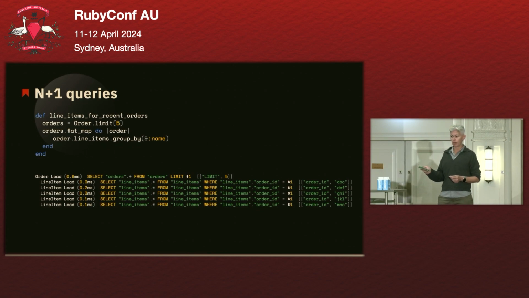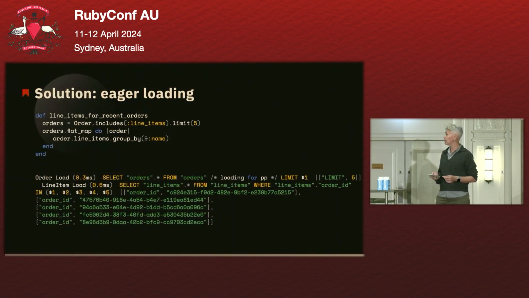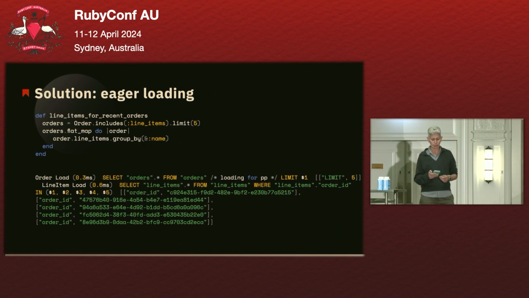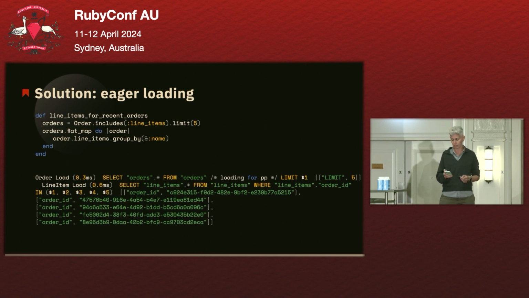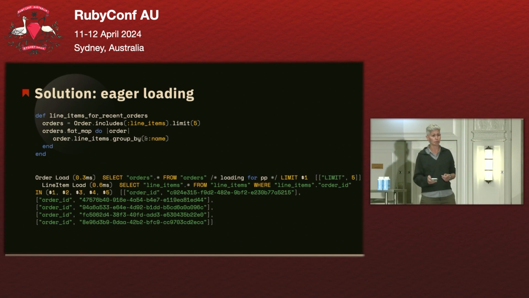A much better way to handle that is actually to use eager loading in Rails. So in our case, the only change that we have from the last code to this code is this line over here that includes the line items. Now, actually, if I go back, Active Record's eager loading capability in Rails makes it possible to significantly reduce the number of queries when you specify in advance all the associations that are going to be loaded.